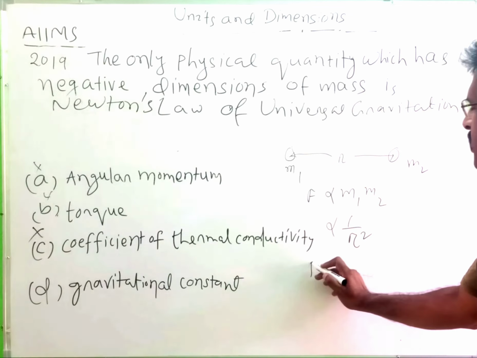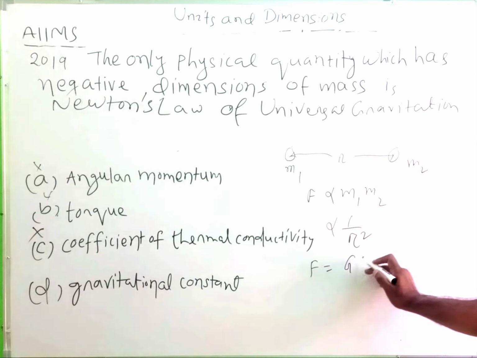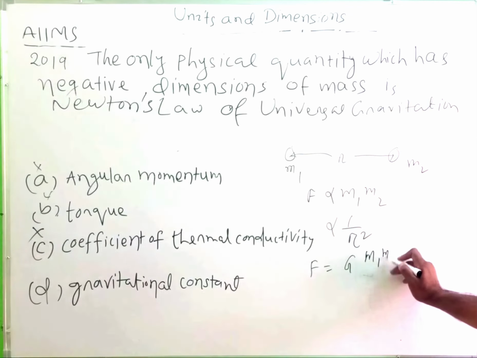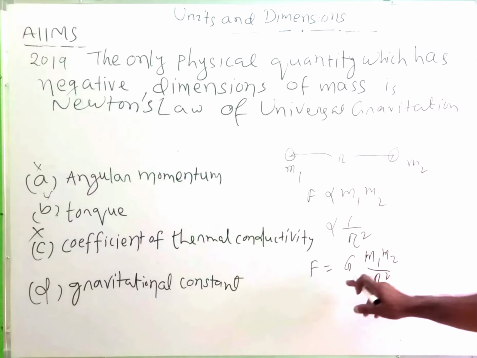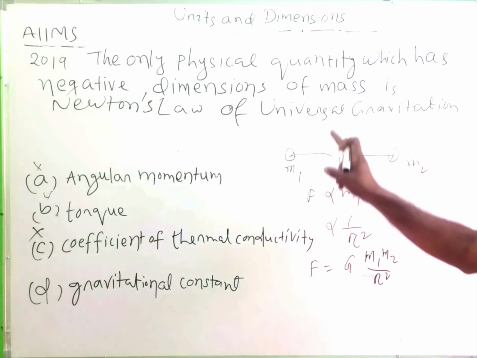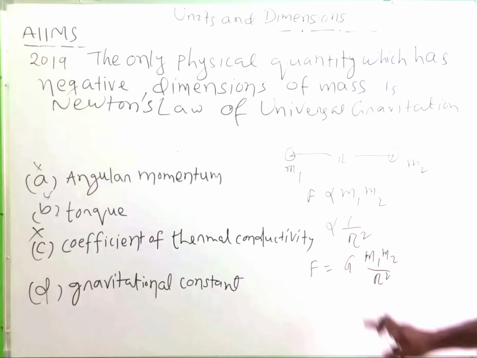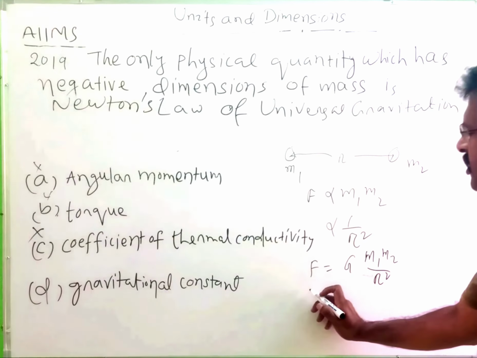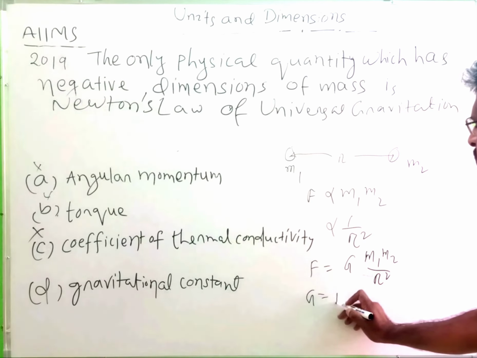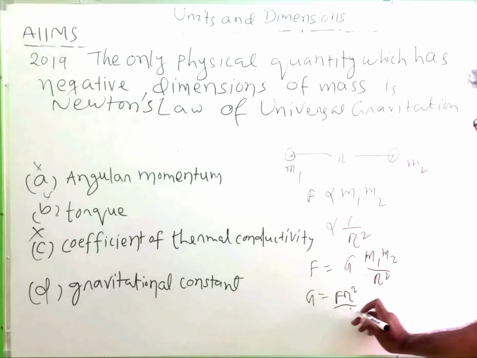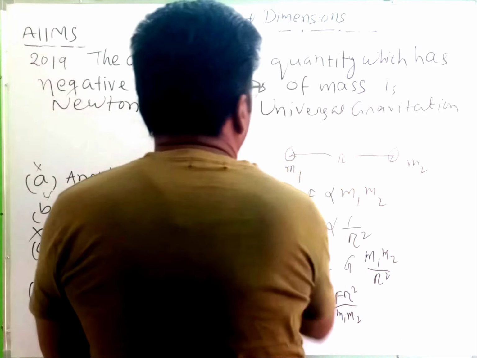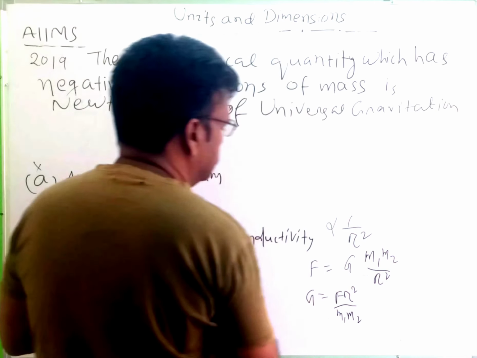We may write this as F equal to G m1 m2 by r square, where G is the proportionality constant called the universal gravitational constant. From this we can find the formula for G, that is F r square divided by m1 m2.